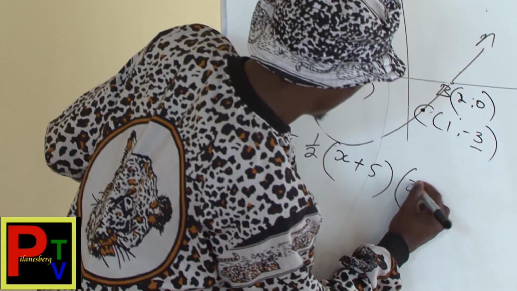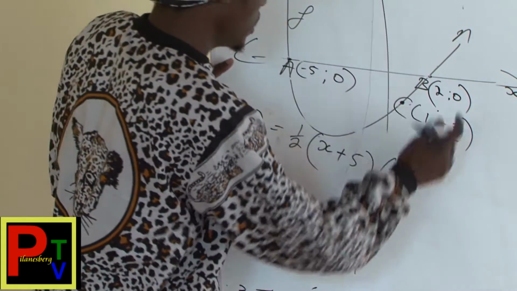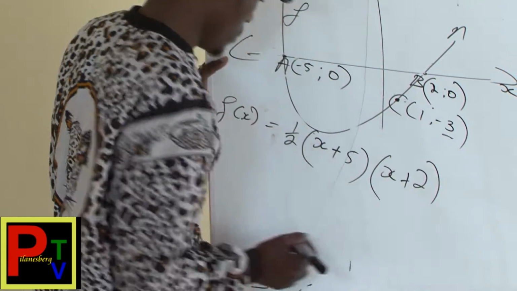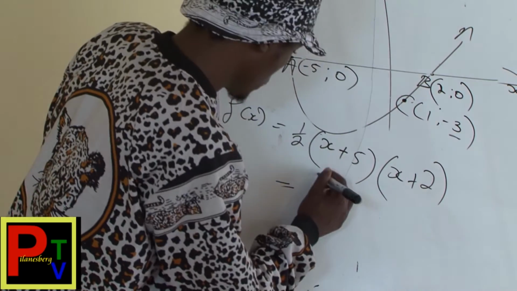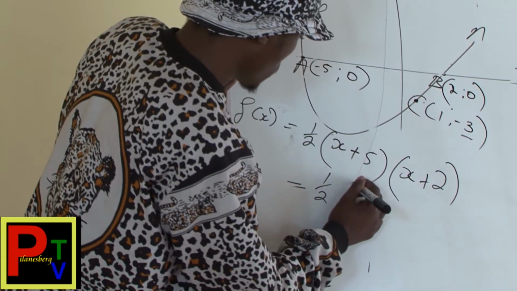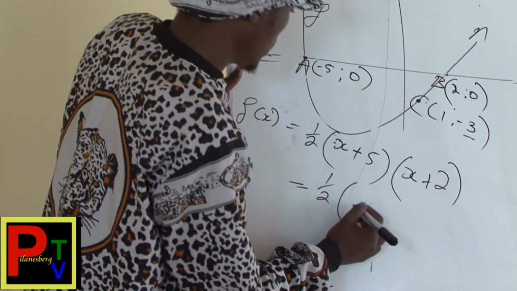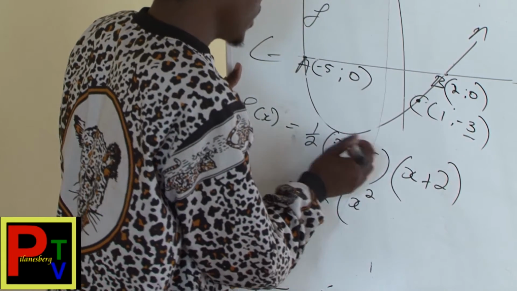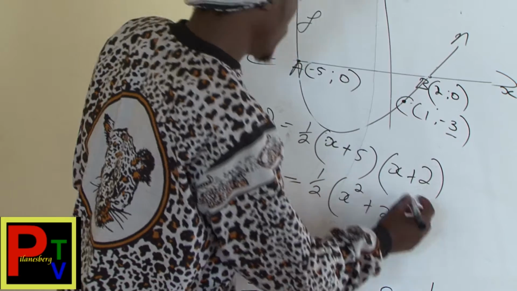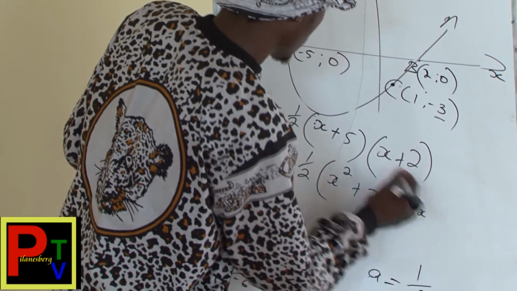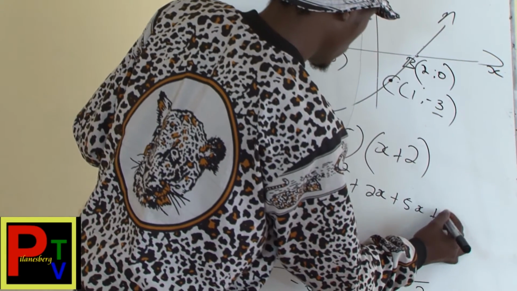Then you do not substitute the x, then this is 2. Then what you must do is break the brackets first. This x and x, that is x squared. x and 2, that is positive 2x. 5 and x, that is 5x. 5 times 2, that is 10.